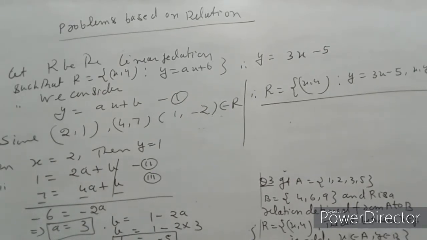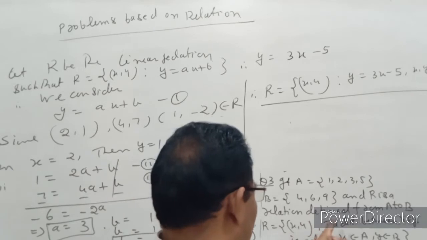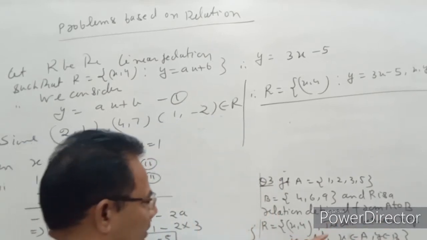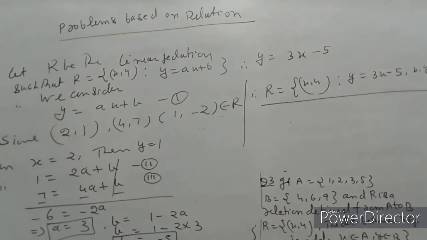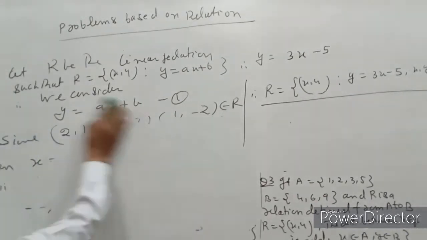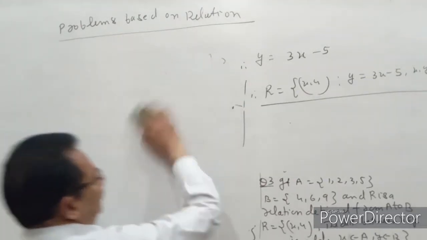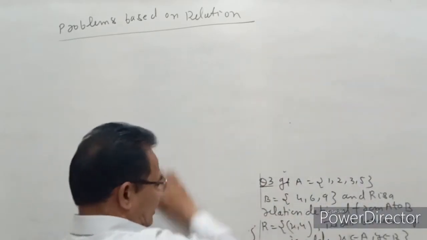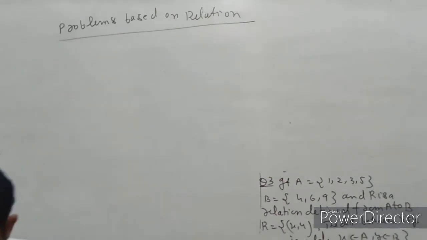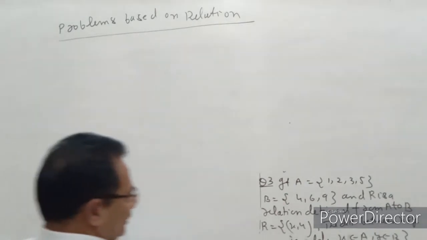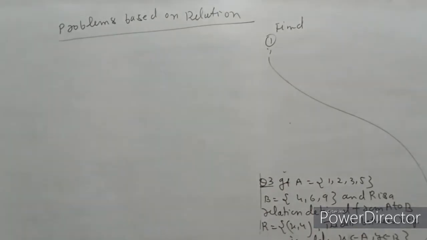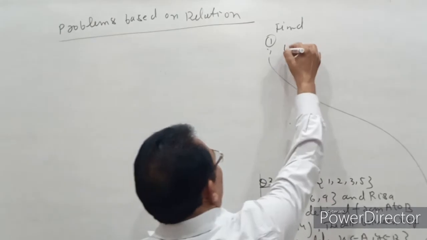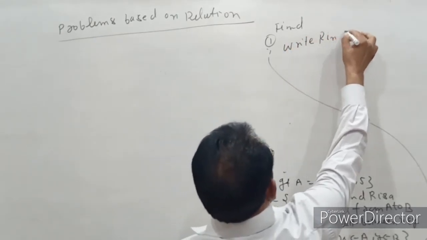Next, question number 3. If A is equal to this and B is equal to this, and R is a relation defined as (x, y) such that the difference between x and y is an odd number, and x belongs to A and y belongs to B, then write the value of the relation R in roster form and also find its domain and range. हमें इसके domain and range निकालने हैं. So this is the first part: write R in roster form.